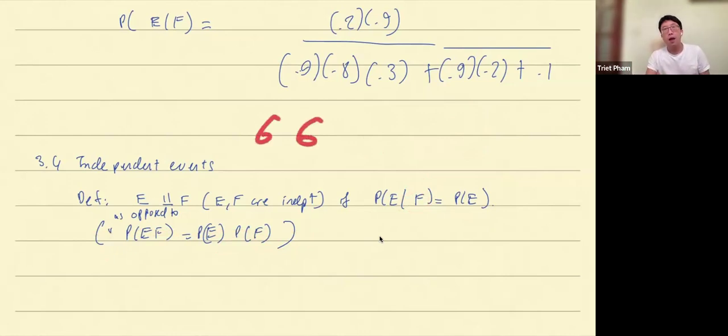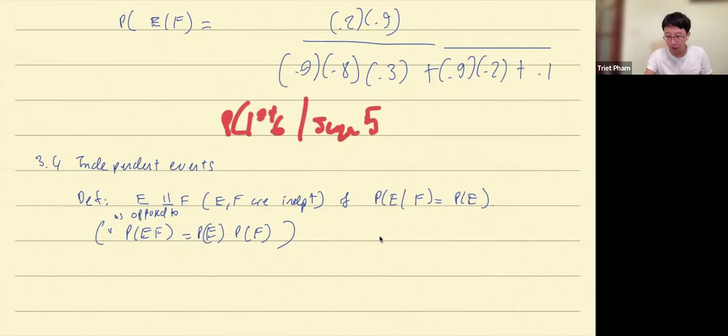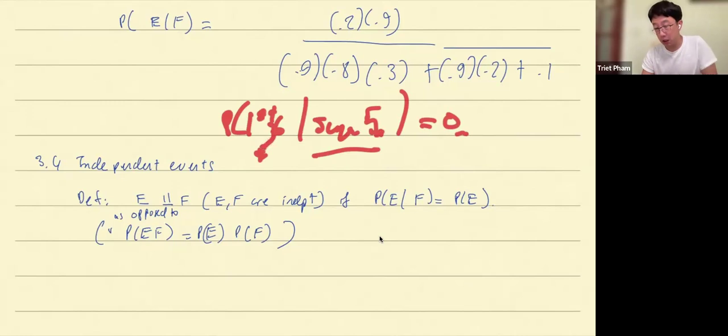If you know that the sum is a 5, then the probability that the first roll is 6 will be 0, because if the sum is 5, the first roll cannot be 6. So in this sense, the result of the sum and the result of the first roll cannot be independent, which is clear to anyone. Because if your first roll is high, the sum is high; first roll is low, the sum tends to be low, that kind of thing.